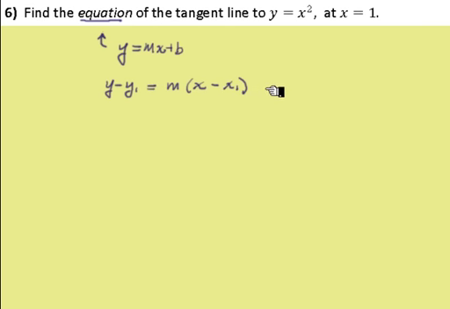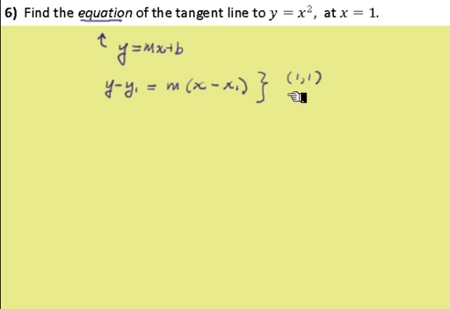Let's look at this one first, because we can do this one without any work. We can just fill this in. We need a point on the line, and we need the slope of the line. Well, the point on the line is going to be the point (1, 1). When x equals 1, y is equal to 1 squared, which is 1. So we have the point (1, 1).